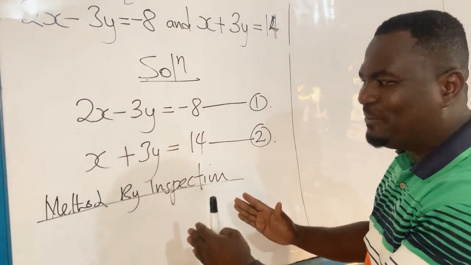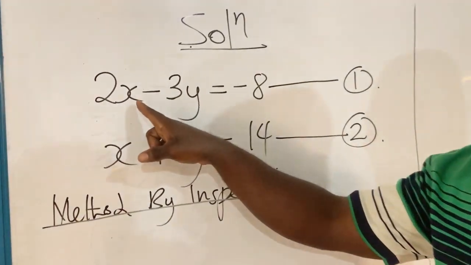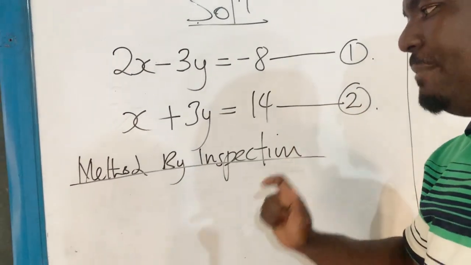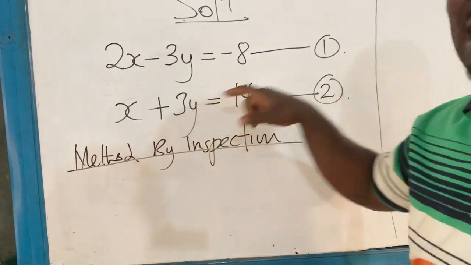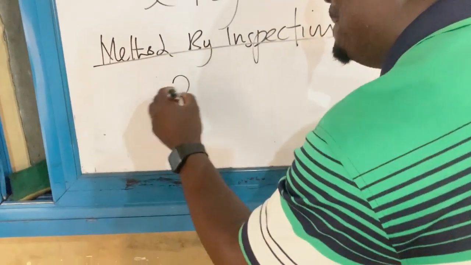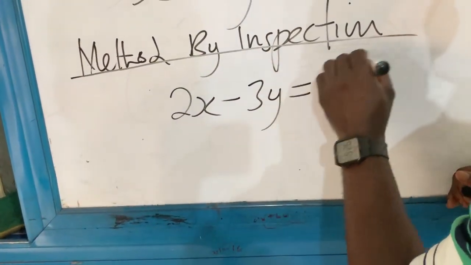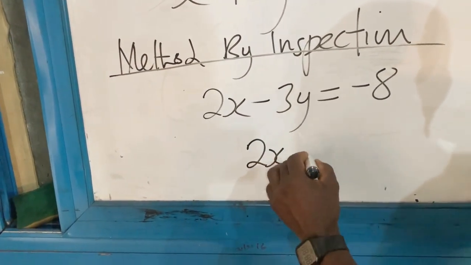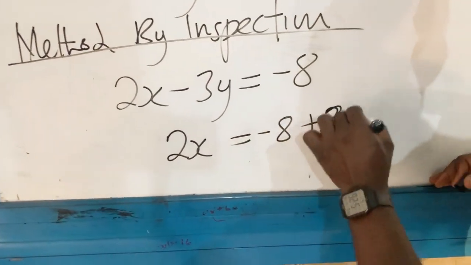With this method, what you do is you try to make x the subject in equation 1, and at the same time you try to make x the subject in equation 2. So watch it. I'm making x the subject in equation 1. Making x the subject means I have to write 2x is equal to -8 plus 3y.